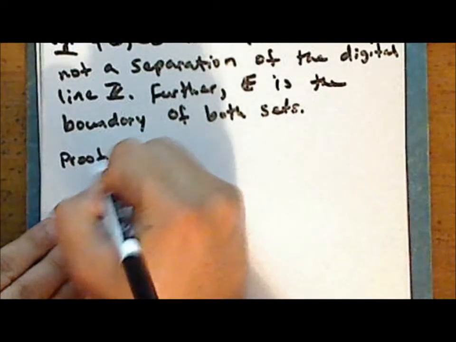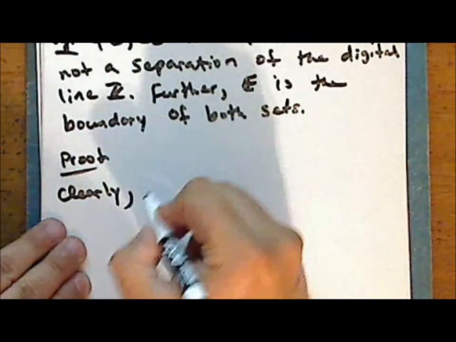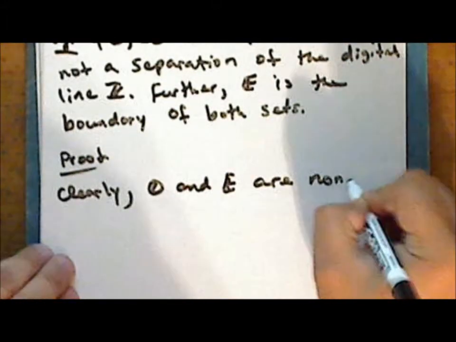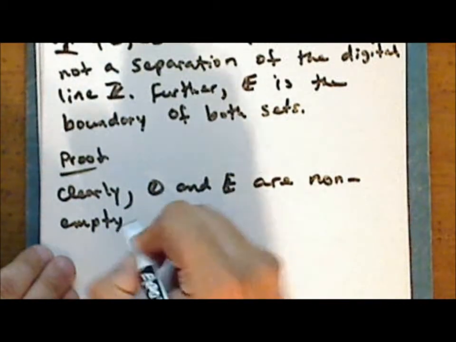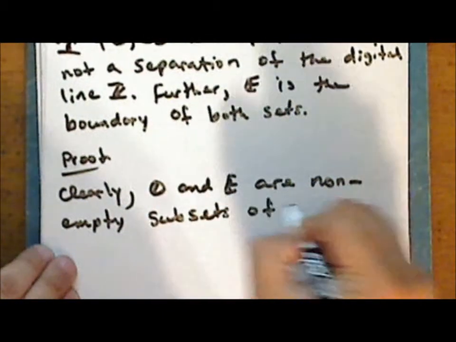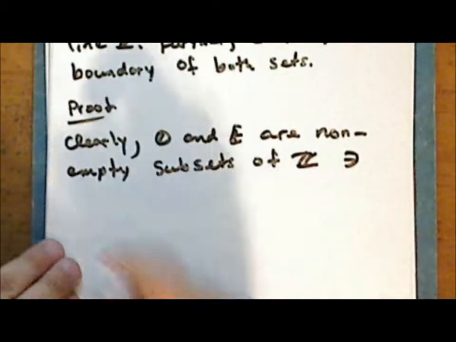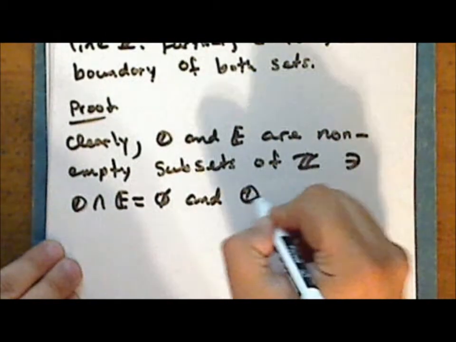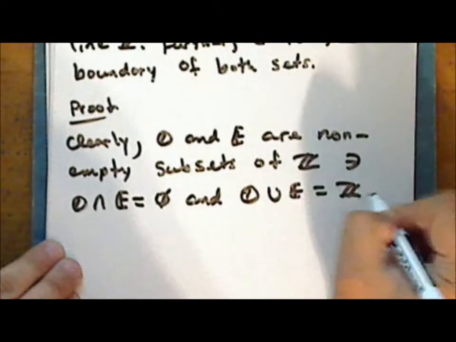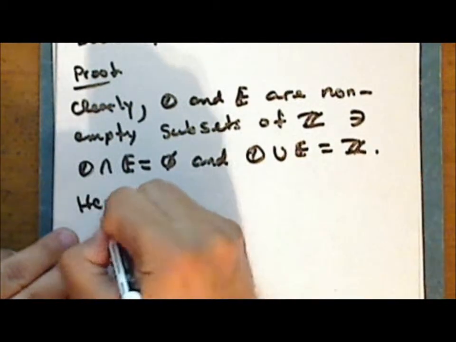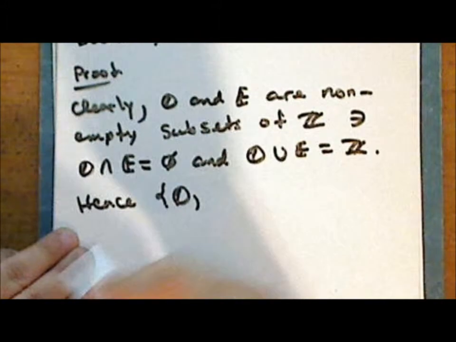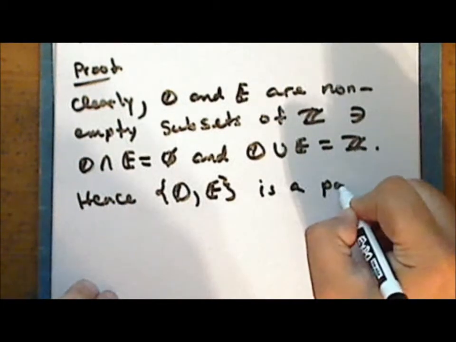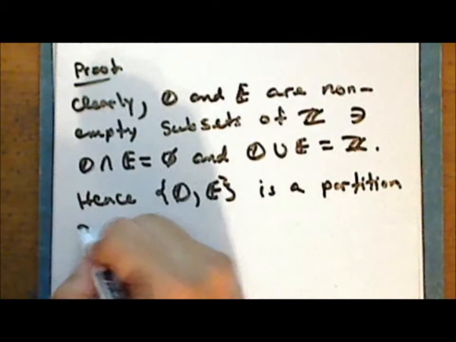So proof. Clearly, the set of odd integers and the set of even integers are non-empty subsets of the entire set of integers such that the intersection of these sets is empty and the union of these sets is the entire set, and hence the set containing the set of odd integers together with the set containing the even integers is a partition of the integers.